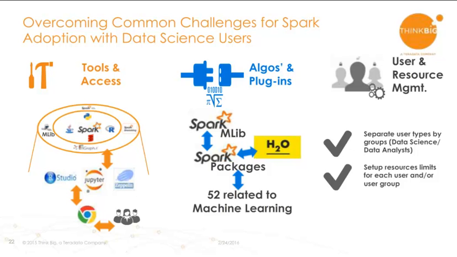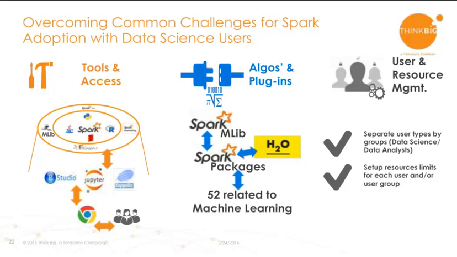So when they are using Spark, they can say, oh my God, that's very simple to use Spark to solve this specific business problem. So I think this access and tooling will be very important to enable more organizations to adopt Spark at scale.